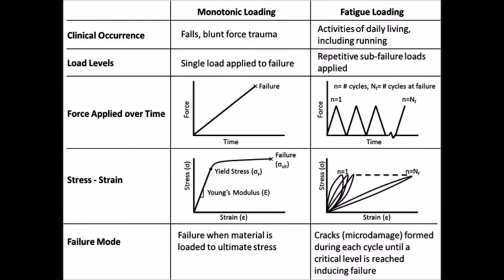We don't apply it consciously, but activities of daily living like running and jumping can lead to fatigue loading because they are repetitive in nature. So these stresses are well below the threshold failure point, but can cause cracks in the bone, and cracks, that is the micro damage, start from the very beginning of the cycle until a critical level is reached.